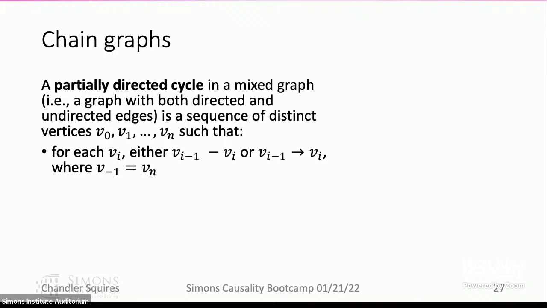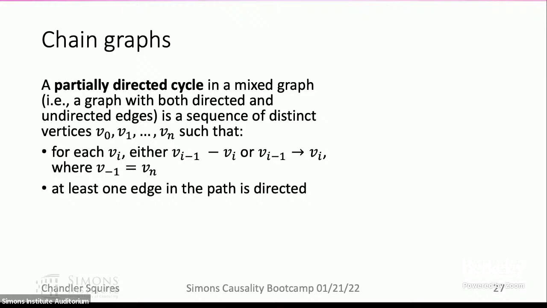One is that there's at least one directed edge in this thing, and also all the directed edges are in the same direction. So if I start going this way, it's not like I have a directed edge that way. That would not be a partially directed cycle. If I have another directed edge, it has to be in the same way.